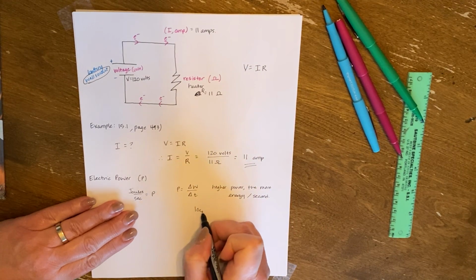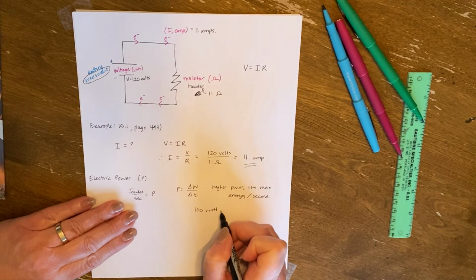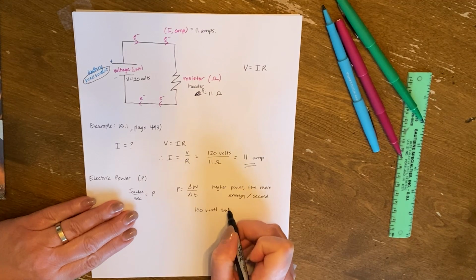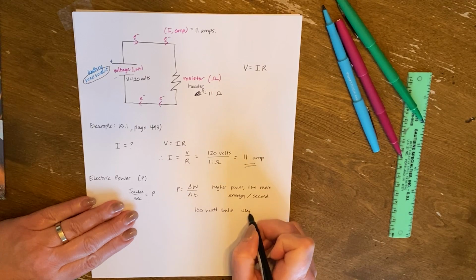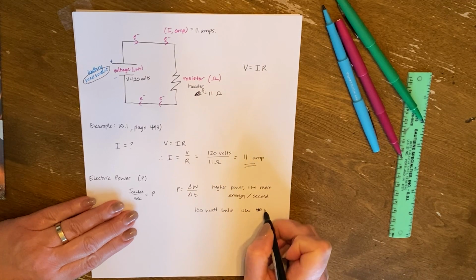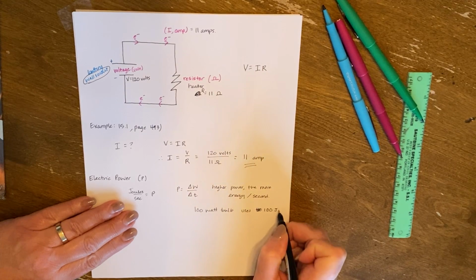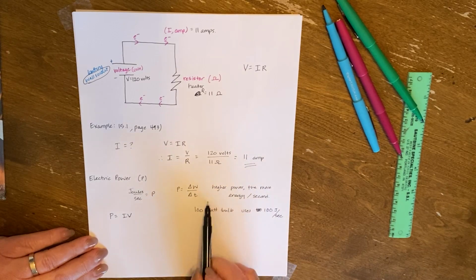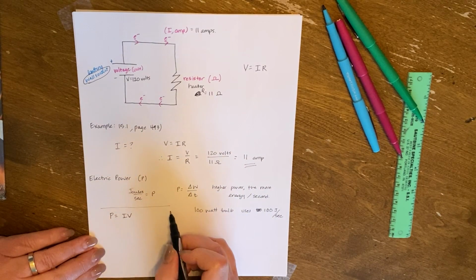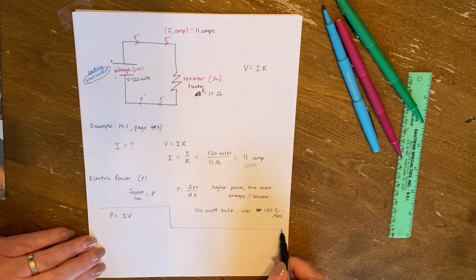Then we talked about a 100-watt light bulb. A 100-watt bulb uses 100 joules per second of energy. Again, this doesn't help us a lot in terms of electrical energy.